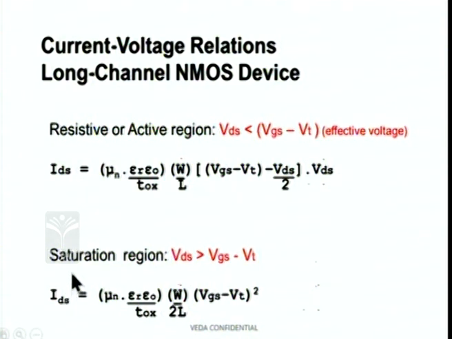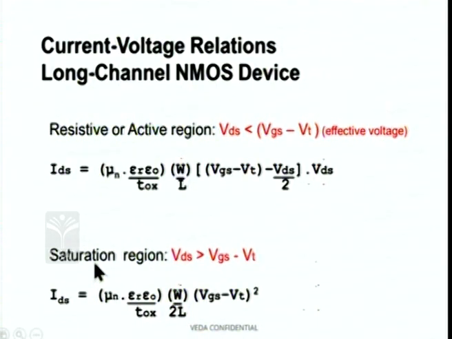Now, yesterday somebody was asking me a question, why should the currents be the same? The currents must be the same because the charging time, which determines the rise time, and the discharge time, which is the fall time, must be symmetric, because it's much easier to design circuits which have a symmetric rise and fall time.